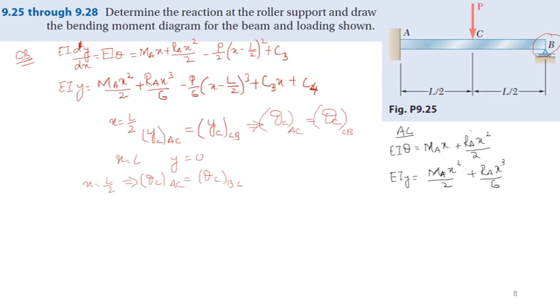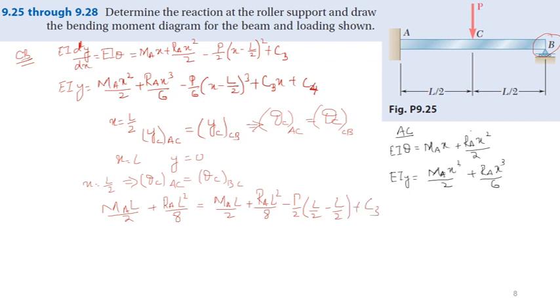When we put the value L by 2, this leads us to MA L by 2 plus RA L squared by 8 equals, for the equation of curve CB, MA L by 2 plus RA L squared by 8 minus P by 2 times (L by 2 minus L by 2) squared plus C3.